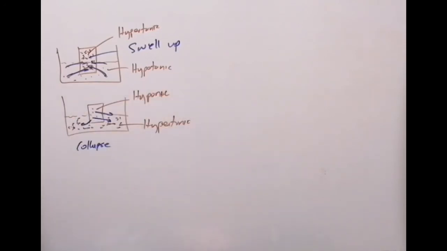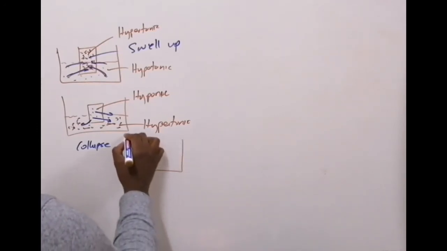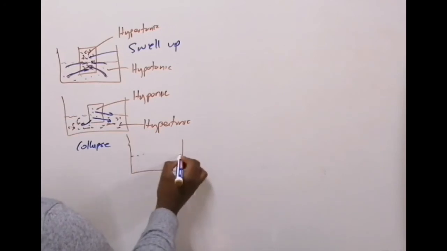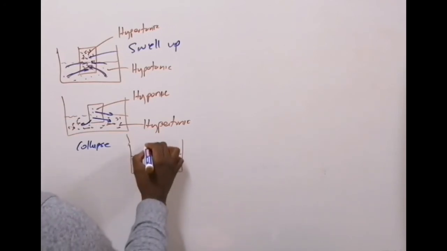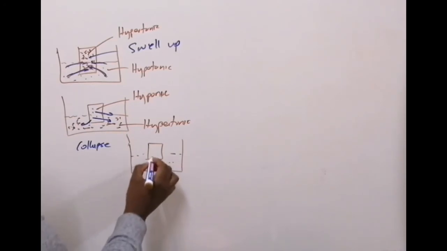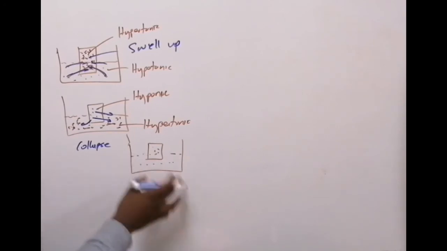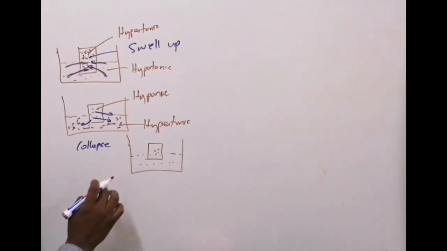Now a third scenario would be very important, guys. Please pay attention. Let's say now you have a bucket again. There are a few solutes there, and a few solutes in the cell, such that there is no gradient between them.